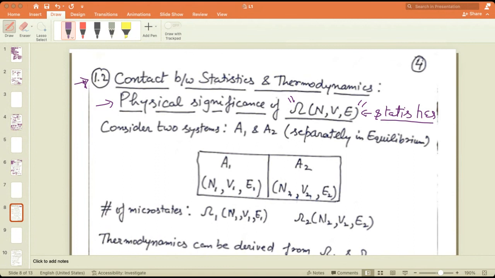We are going to, first, till your midterm MST, talk about classical statistical mechanics, or this whole ensemble theory. Then after that we are going to jump into quantum statistical mechanics, right? So as I said, we are always deriving this number, the number of microstates, be it classical statistical mechanics or quantum statistical mechanics.